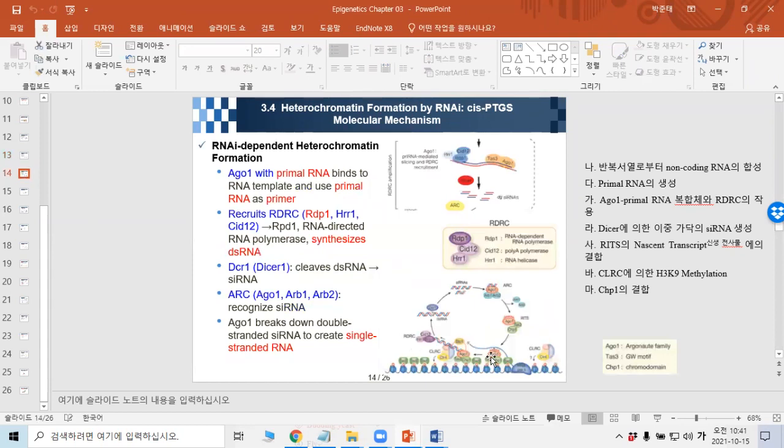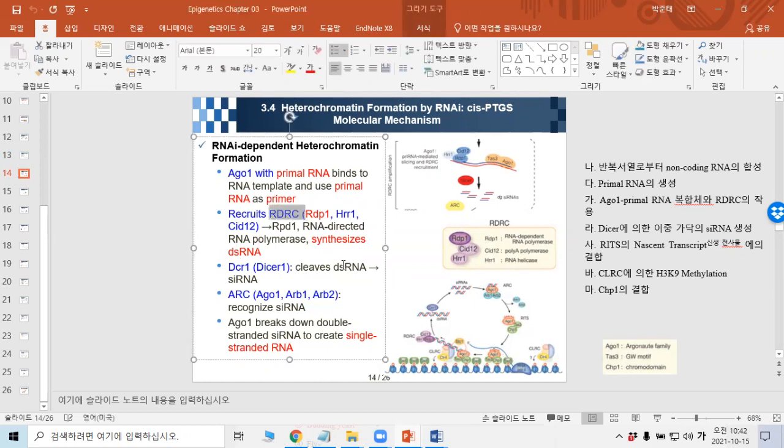After that, they recruit the RDRC. RDRC is composed of RDP1, CID12 and HRR1. RDP1 is an RNA-dependent RNA polymerase.